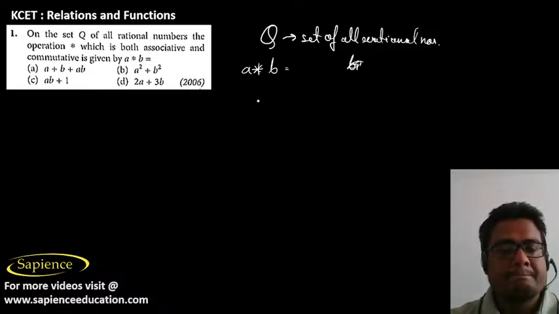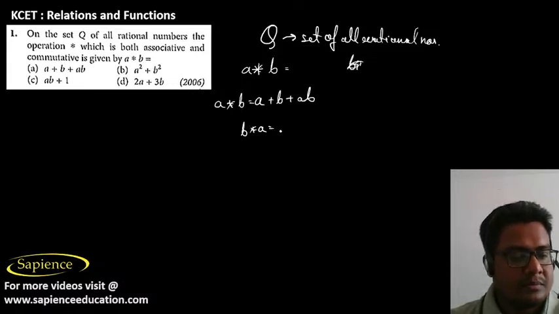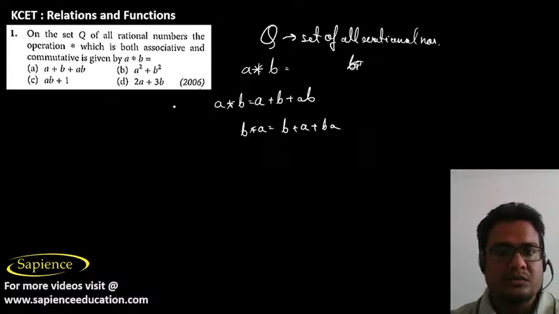Here option one is A star B equals A plus B plus AB, and B star A will be B plus A plus BA. So it is commutative.